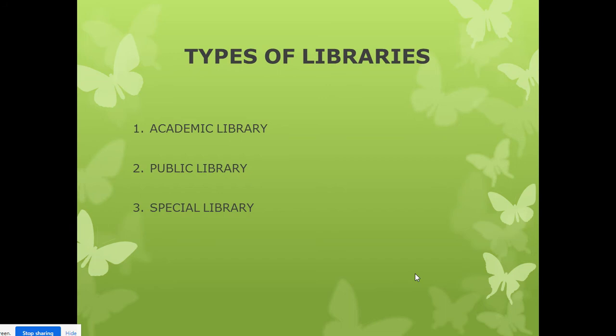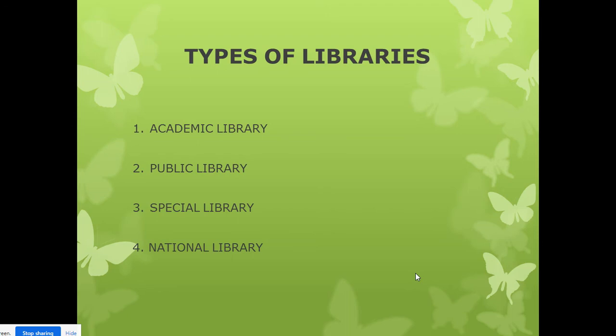If it belongs to medical, then all the collection will be about medical. And if it is a law library, then all the collection will be about law. These types of libraries are called special libraries.